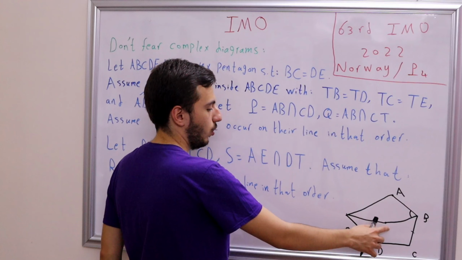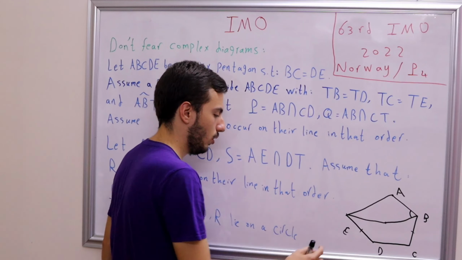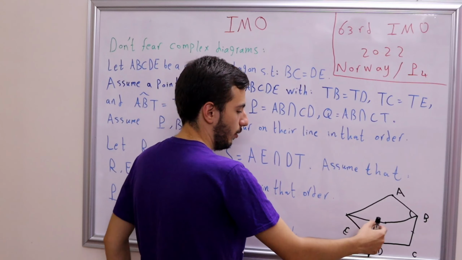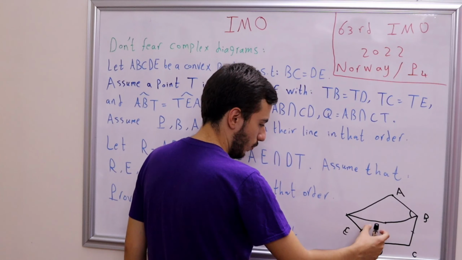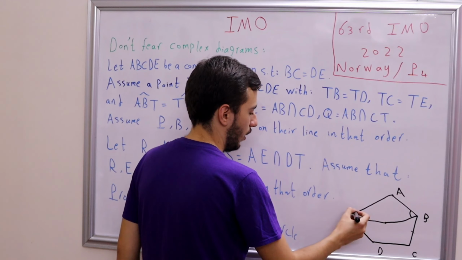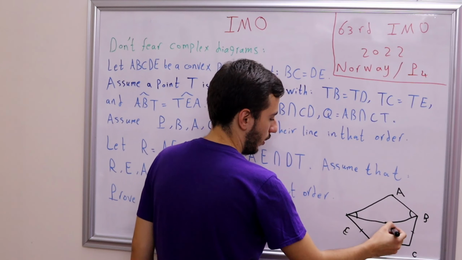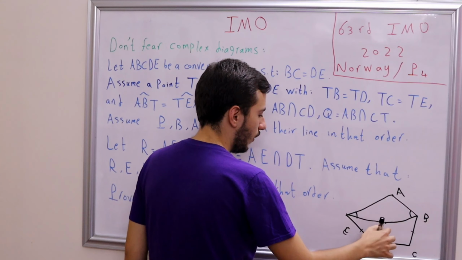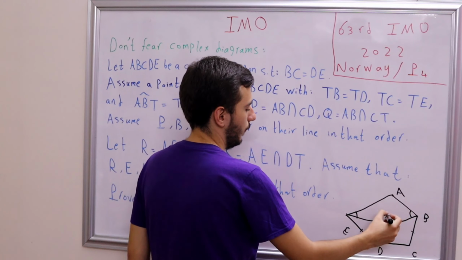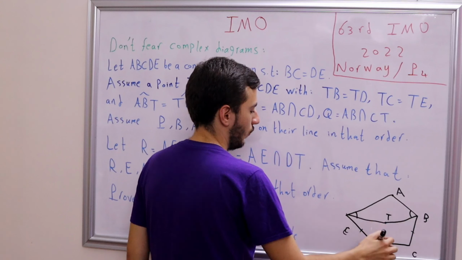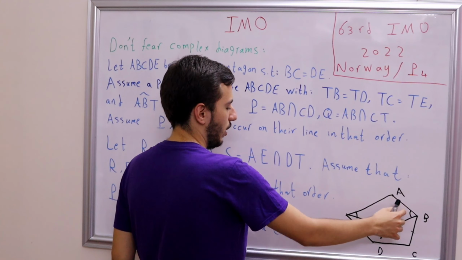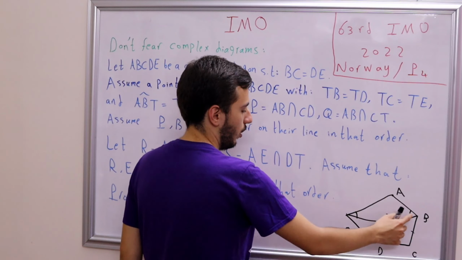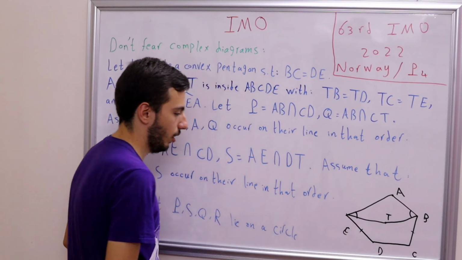Don't think that these three are collinear points. This is not necessarily so, but because our diagram is small and bad, you might think something like that. So this is point T, and we know that this angle is the same as this angle. Furthermore, TB equals TD and TC equals TE.